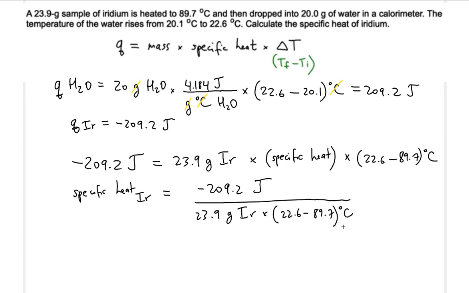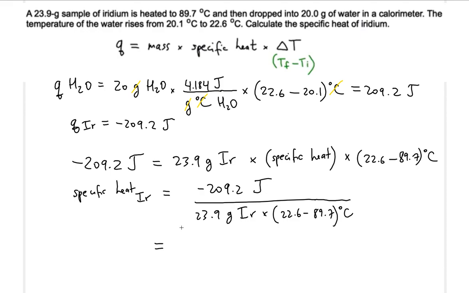As a result, this will be proper: the specific heat will be measured in joules per gram per degree Celsius of a substance, in this case iridium. Notice it matches the conversion factor of specific heat we had here, joules per gram per degree Celsius of the substance. In the first case, it was water, H2O.